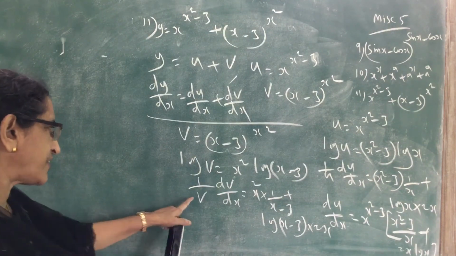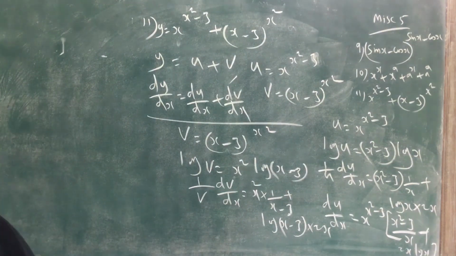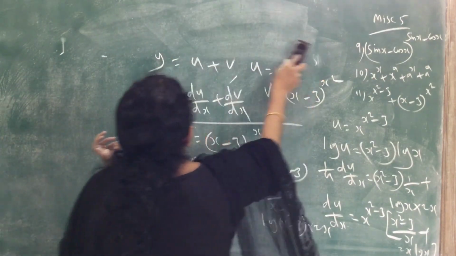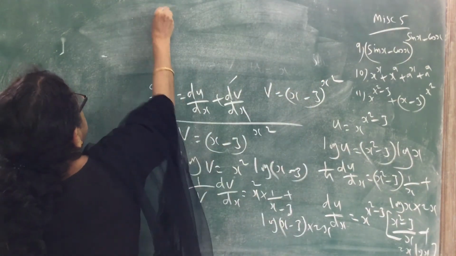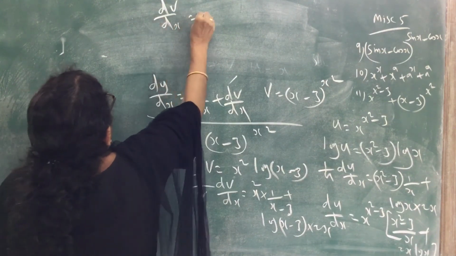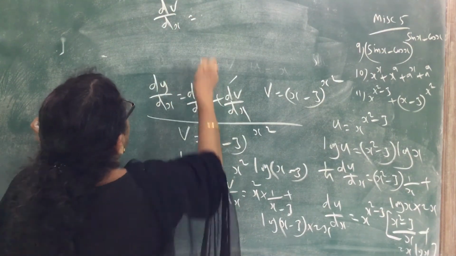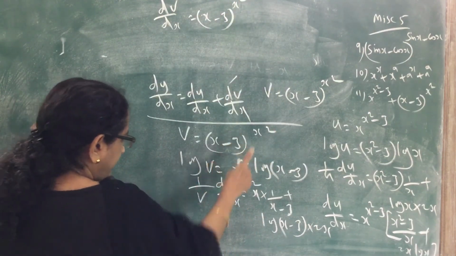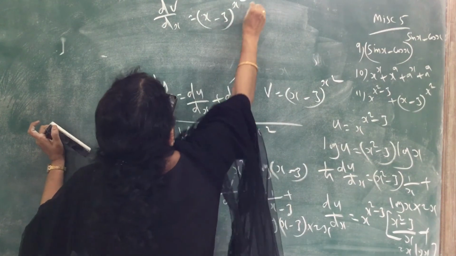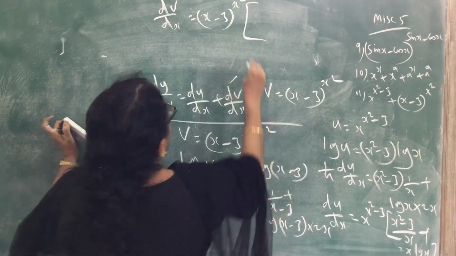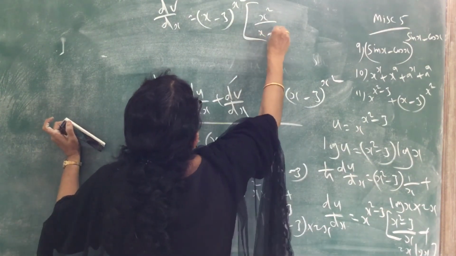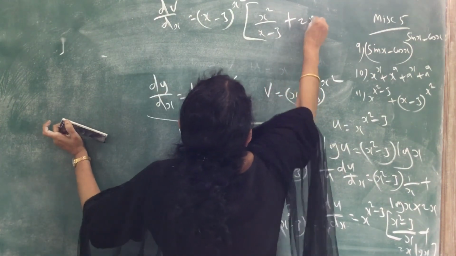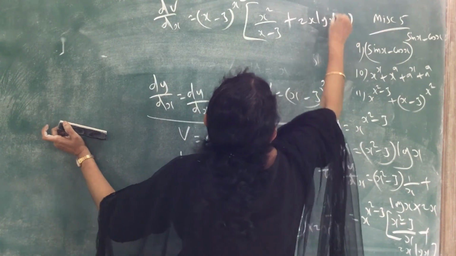So now take v to that side. Therefore dv by dx equals v into, what is v? x minus 3 whole square, into this term, that is x square by x minus 3 plus 2x log x minus 3.